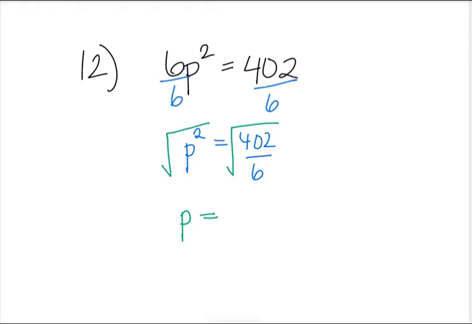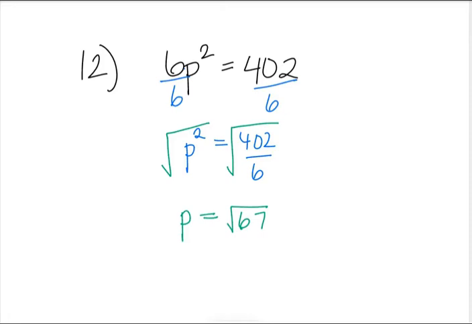And we get 67. Now, I didn't square root anything yet. I'm just simplifying this fraction because sometimes when you simplify the fraction, you get a perfect square. Now, in this case, I did not get a perfect square.